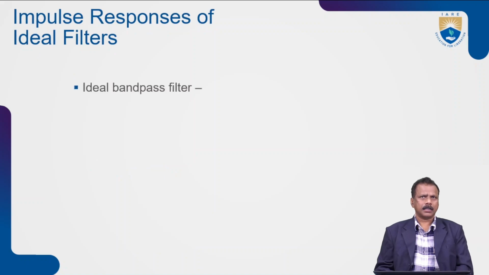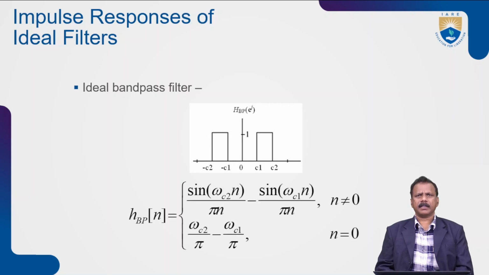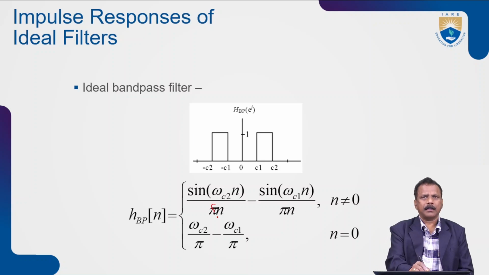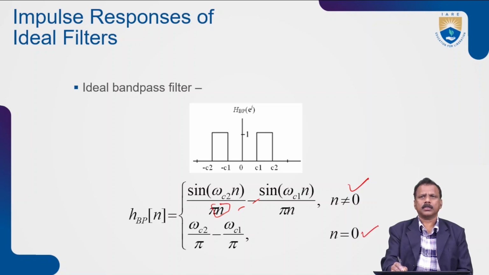Previously we have seen the low pass filter and high pass filter. Now coming to the band pass filter. The band pass filter is given by h_BP(n) equal to sine(omega_c2 n) by pi n minus sine(omega_c1 n) by pi n, where n is not equal to 0, and omega_c2 by pi minus omega_c1 by pi where n is equal to 0.